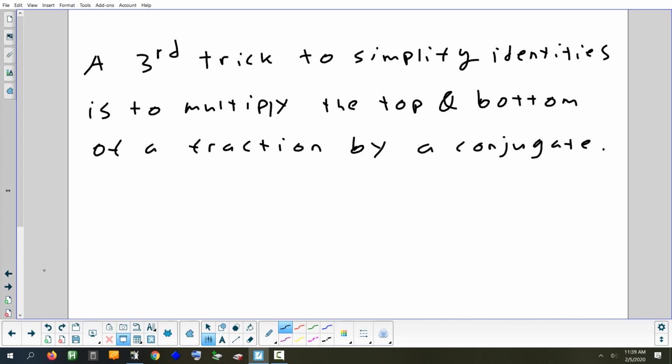So if you had something like sine theta plus 1, the conjugate is sine theta minus 1. I'm not going to put an equal sign between them because they're not equal, but that's the conjugate. The conjugate is when you just change the plus or the minus sign to the opposite. Change the sign in the middle to its opposite.